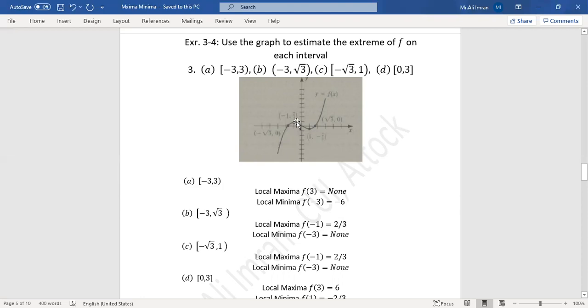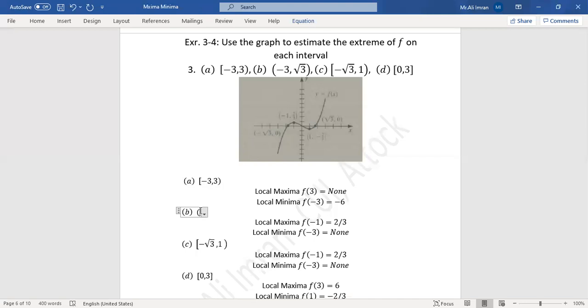At x is equal to minus 1, the function has highest value 2 by 3. This will be the local maximum. And if we look around for the local minimum, the minimum value lies at x is equal to minus 3. But at this side the interval is open. This is mistakenly written, this is open.